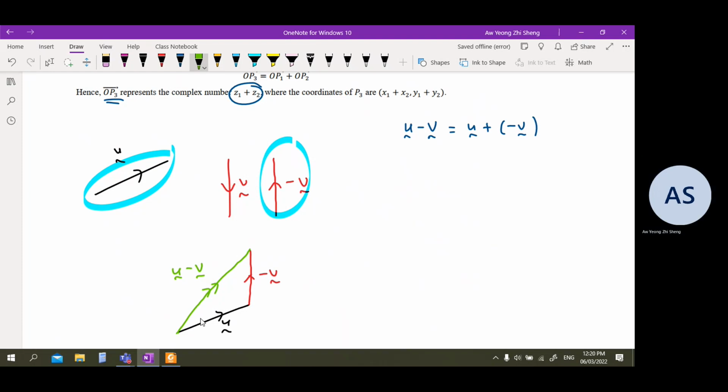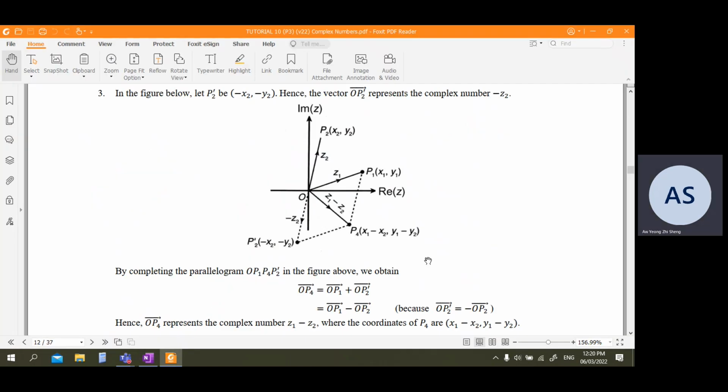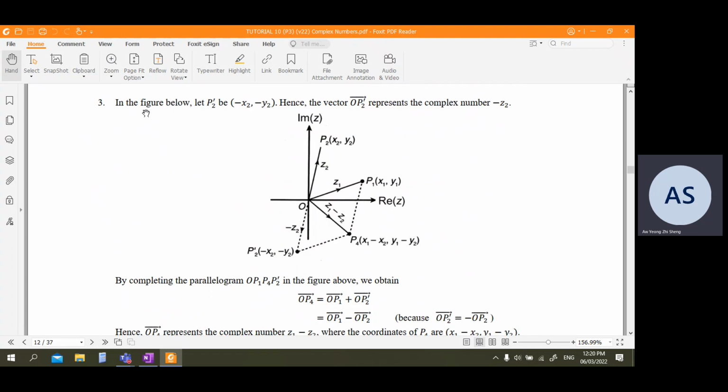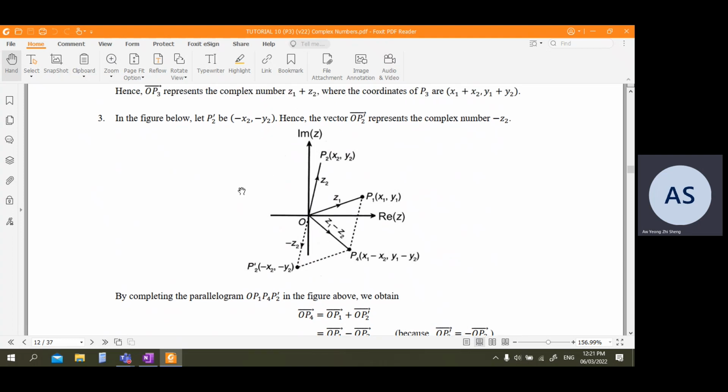So when visualizing a complex number as vector representation on the Argand diagram, it works the same way. Right. So here it says in the figure below, let P2 prime be negative x2, negative y2. Okay, so P2 prime would be the point representation of the complex number negative z2.